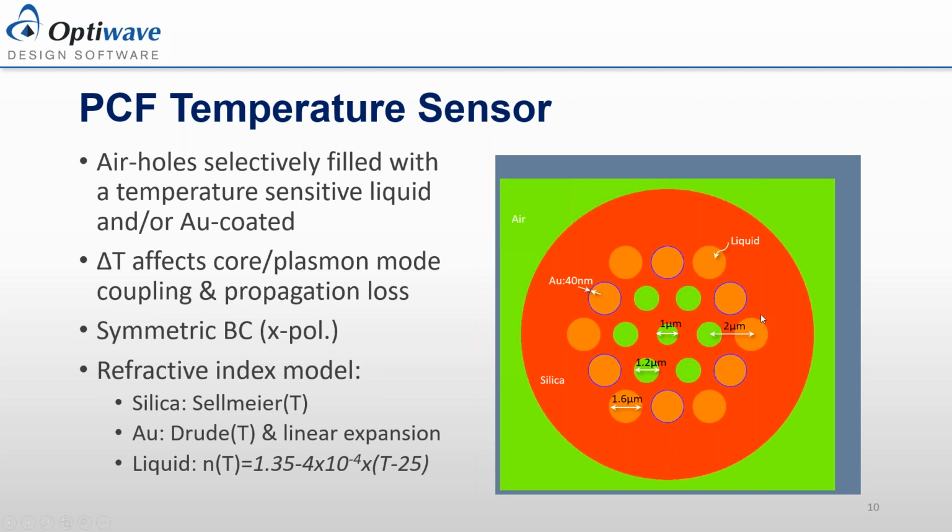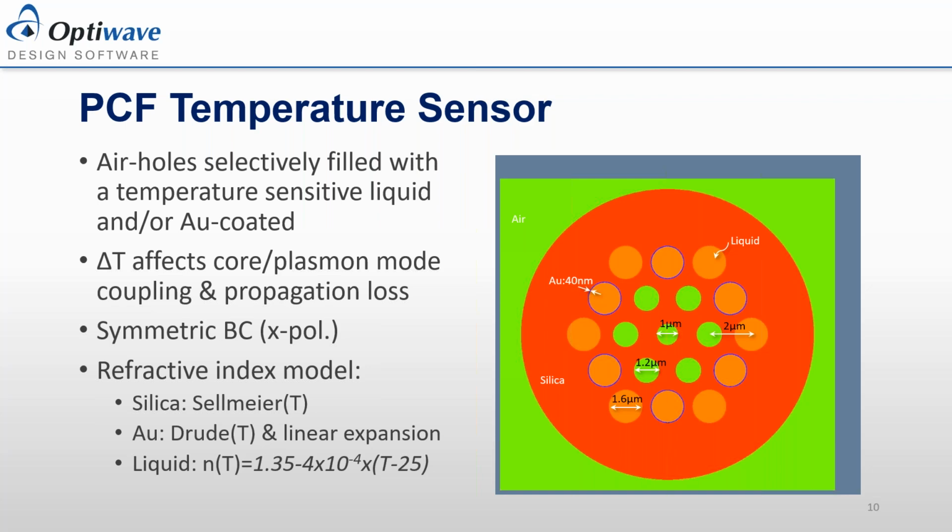What is done is the outer ring is infiltrated with a temperature sensitive fluid, and the temperature changes the refractive index of this fluid, which then changes the core plasmon mode coupling.